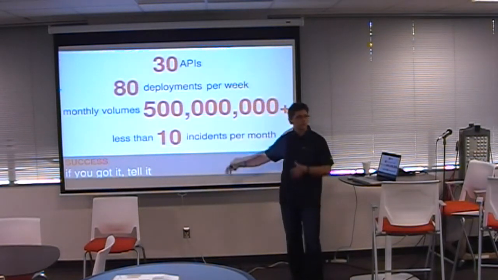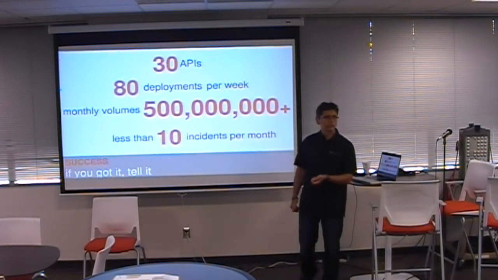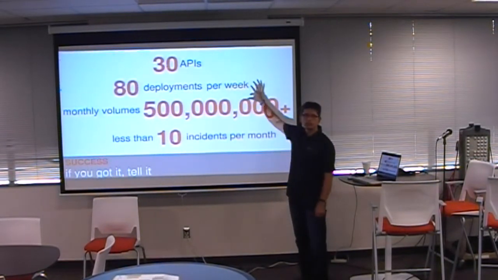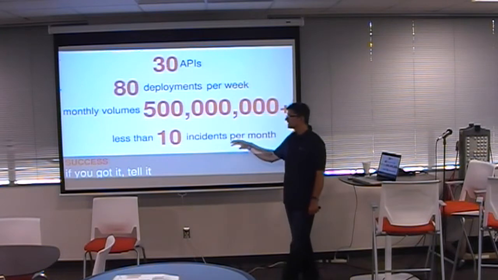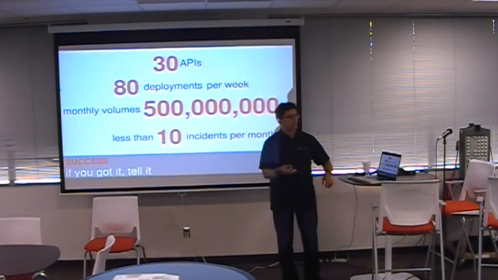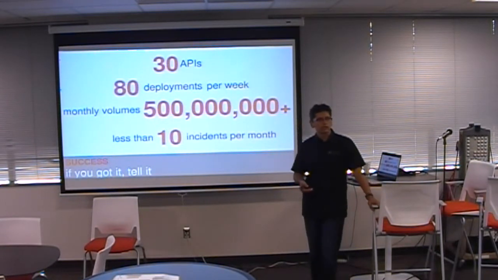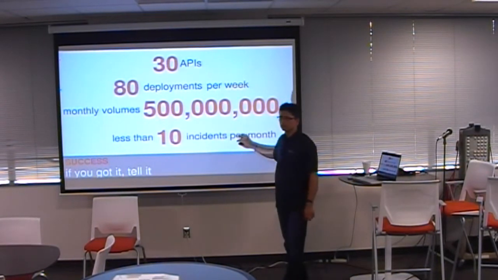There is a lot of traffic on their site. They're pushing code into production at a very fast rate. And the beauty in these numbers is that they're getting less than 10 incidents per month. Which is huge, because in DevOps or any other software development, you definitely want to push code fast, but you also want to keep the number of incidents to the lowest level.